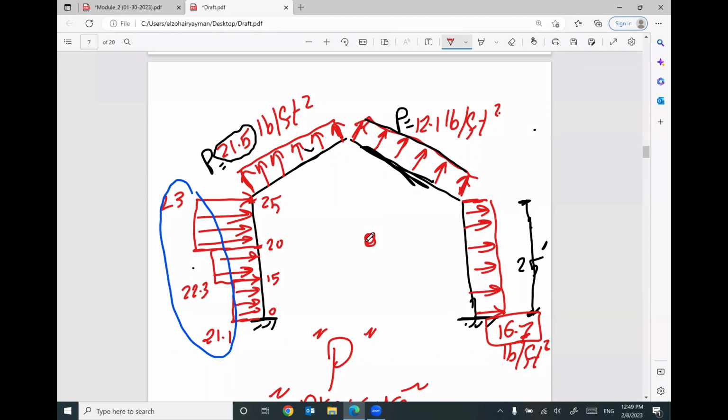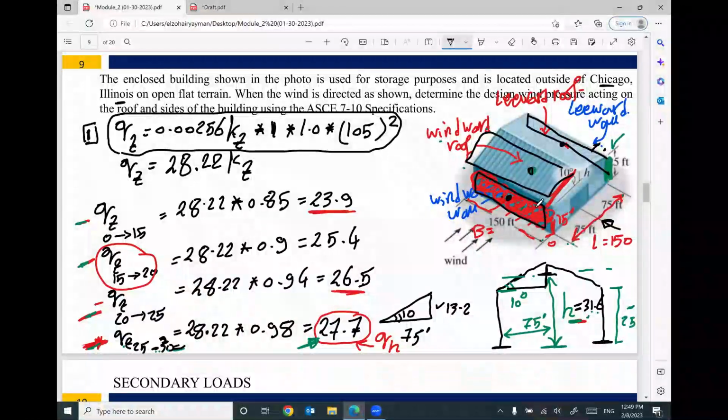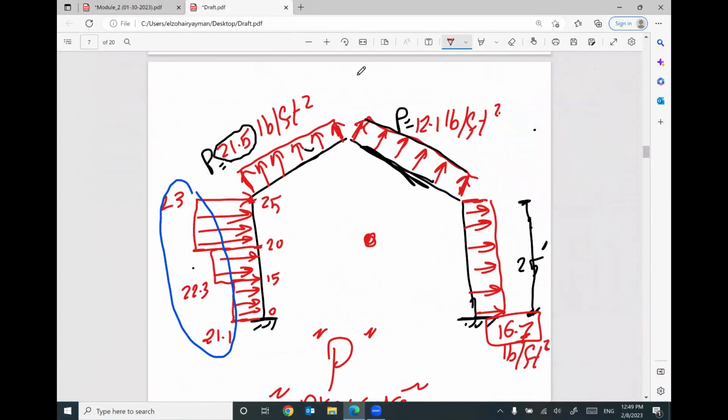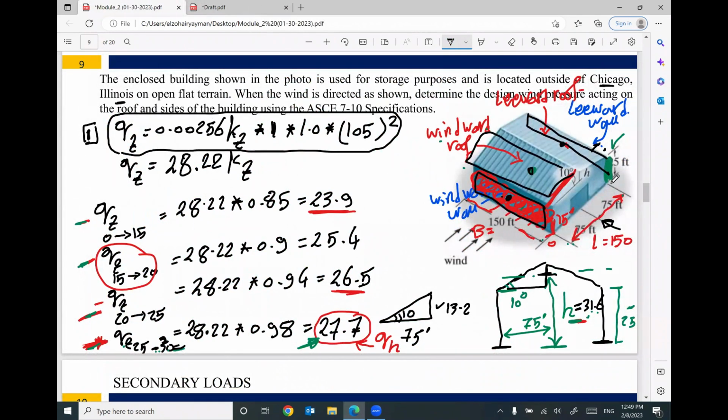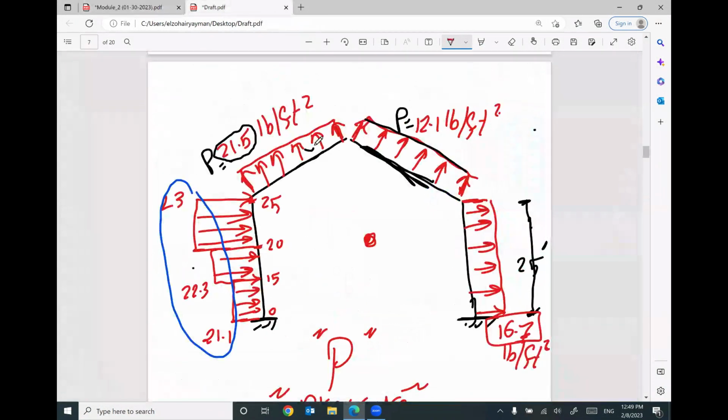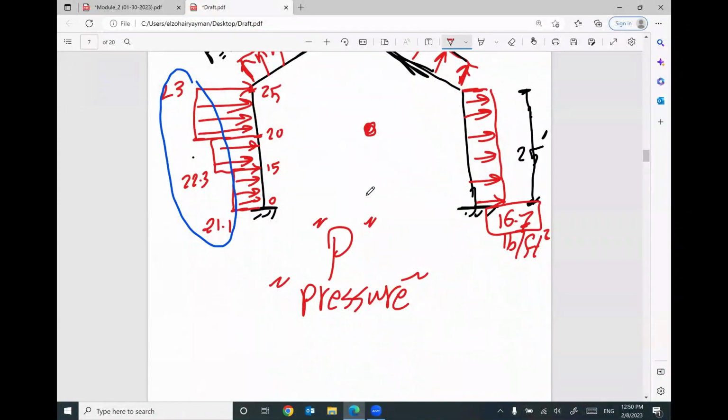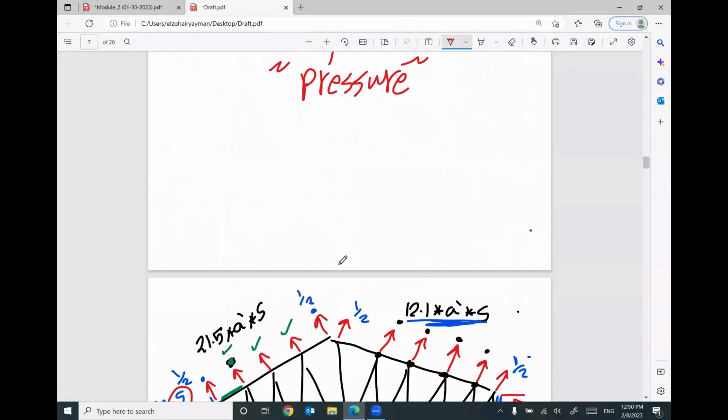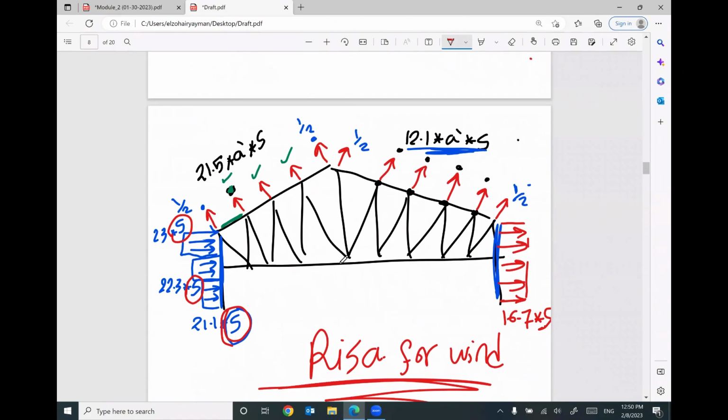I need to convert this pressure on the whole surface to only one truss, because we have many trusses here. We have one truss, and this truss is repeated at spacing S. So I need to convert this pressure on the whole building to the load assigned to one truss.